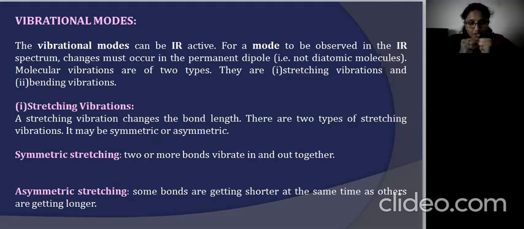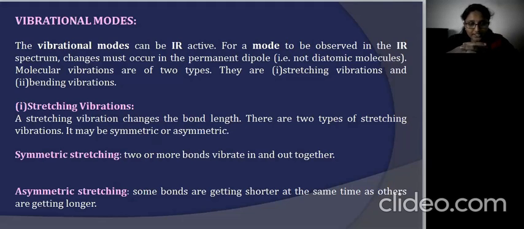So when you get more complex molecules, like you get in biological systems, then you have other types of modes. Here you can see two of the molecules on the right.